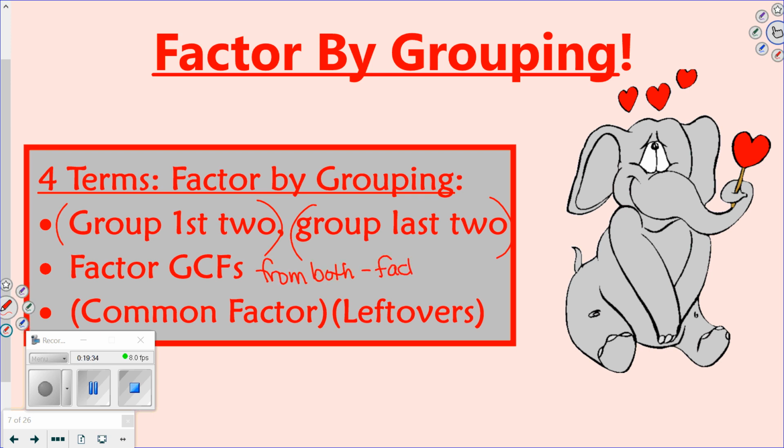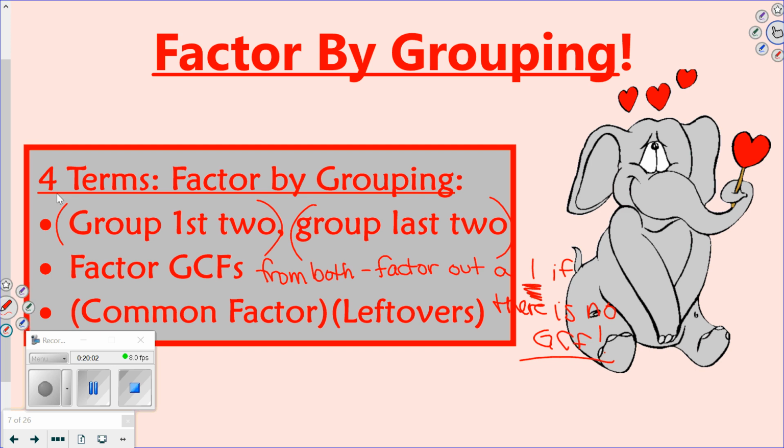Factor out a 1 if there is no GCF. So you have to factor something out. If you don't, you're not going to get the right answer at the end. So if there's nothing that goes into all of them, just take out a 1. I know that seems crazy right now, but you'll see why in just a minute.